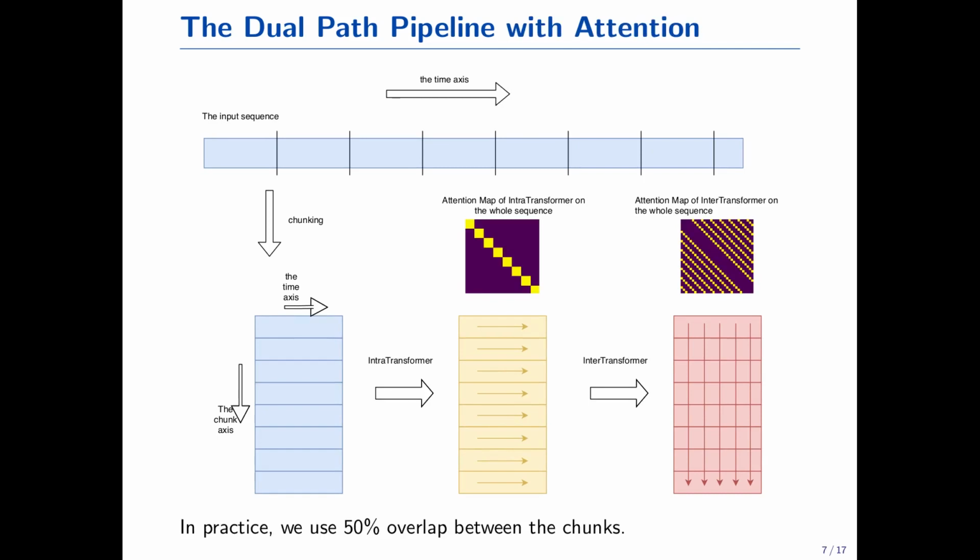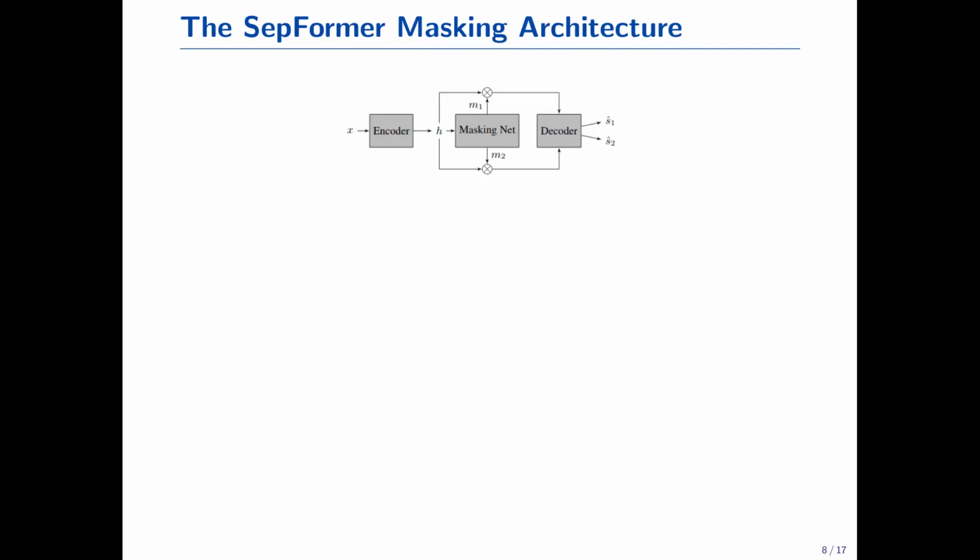If we use a transformer processing block inside the dual path pipeline, what this amounts to is that the intra-block calculates a block diagonal attention map, and the inter-transformer, as we call it, applies a strided attention structure. Overall, we use 50% overlap between the chunks.